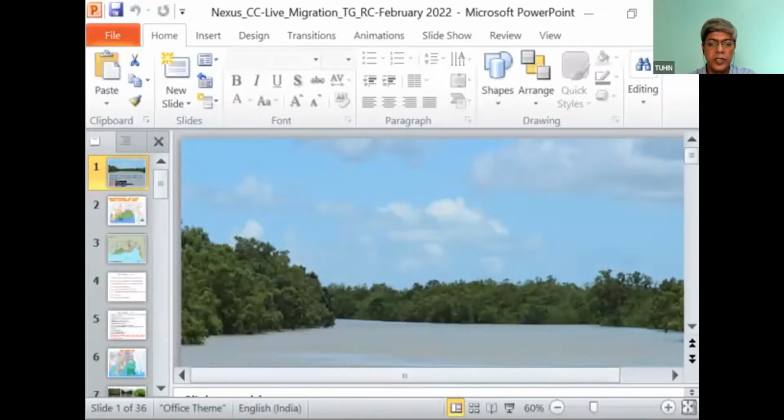First of all, this is the entire GBM Delta. If we see the Indian part, the forest part is almost inhabited. This is the block zone, South 24 and North 24 Parganas, 6 blocks from North 24 Parganas and 13 blocks from South 24 Parganas.